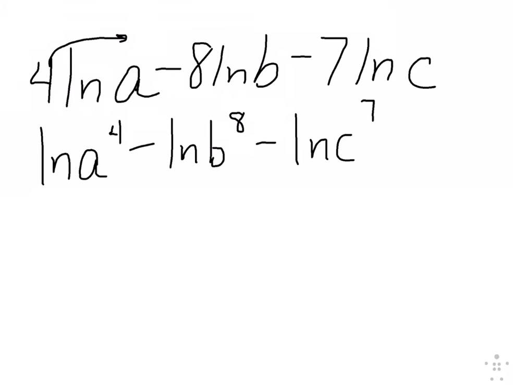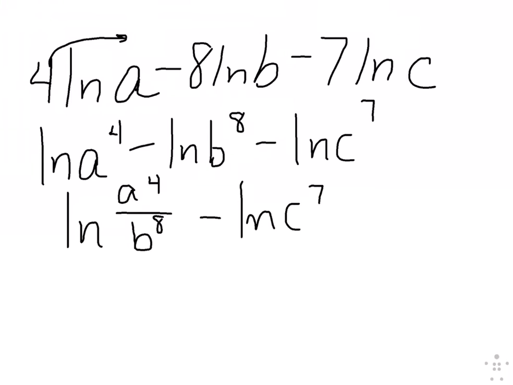If I go one at a time, then the first one, ln of a to the 4th over b to the 8th, most people get that okay. And then they have minus the ln of c to the 7th, and they go, I don't know what to do next. Because it should be divided, correct? Shouldn't subtraction be divided? So what happens is, if I divide that, over here on my scratch piece of paper, this is what I have.